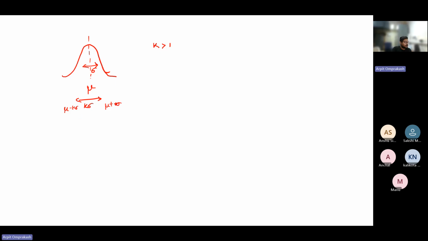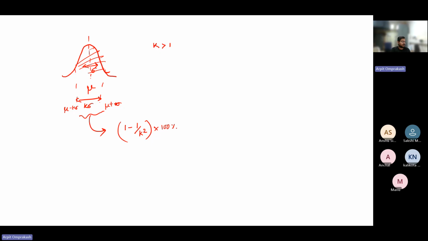So this interval will have some amount of data within it. The amount of data present here is equal to 1 minus 1 by k square, into 100%. So that much percentage of the data lies within these bounds. So k can be 2, 3, 4, and so on. It's not 1, it's greater than 1.